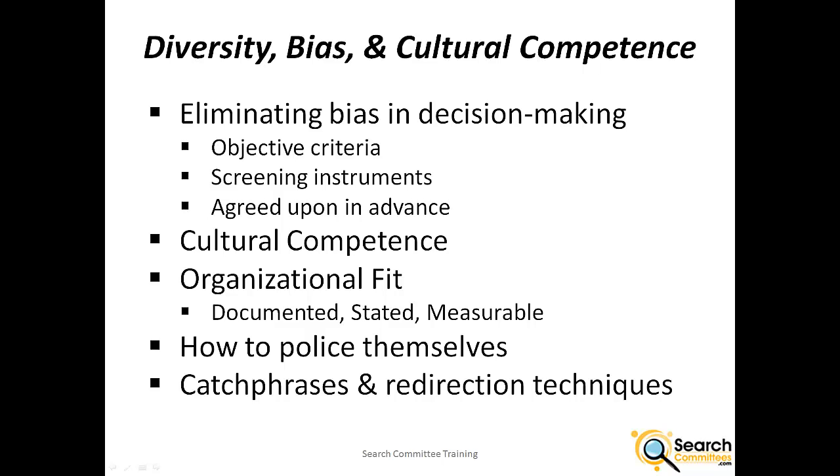There are ways of getting there using objective criteria, as we've talked about before in the previous slide. Screening instruments really help, and deciding in advance what criteria we're going to use, so that later in the process I don't inadvertently make comments or use stereotypical words to describe female candidates differently than male candidates, and thereby enhance the value of male candidates over female candidates because of my bias.